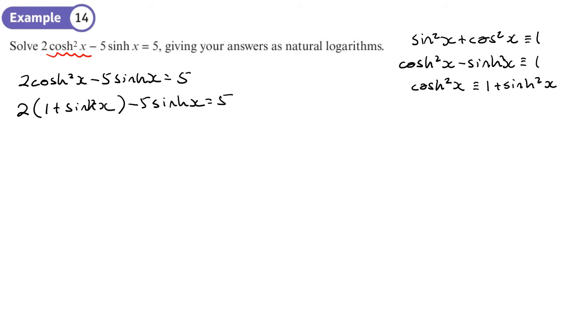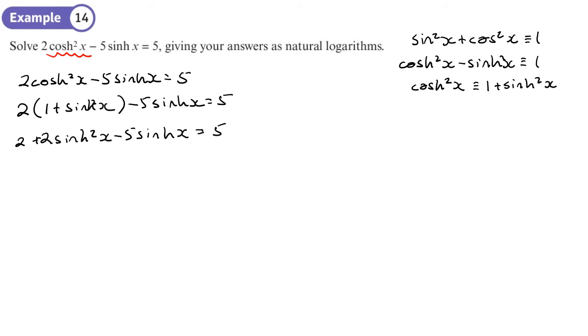So here we go. We've got basically a quadratic in terms of sinh. So we'll have 2 plus 2 sinh squared x minus 5 sinh x equals 5.